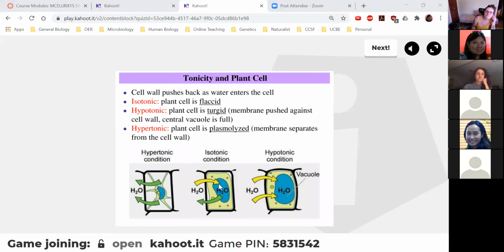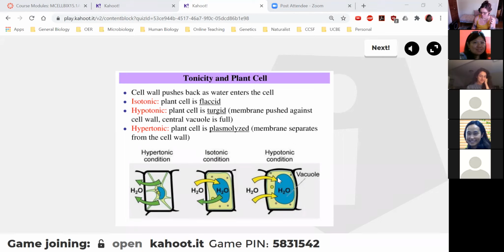This condition is called flaccid for plant cells. The membrane is not pushed against the cell wall. The cells are okay, they're not dying, but they're not in their happiest state.